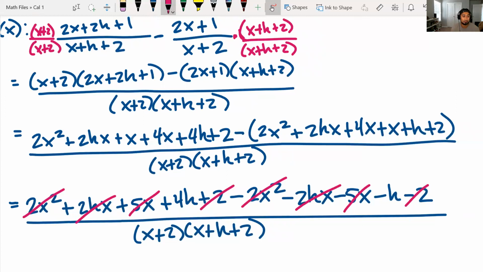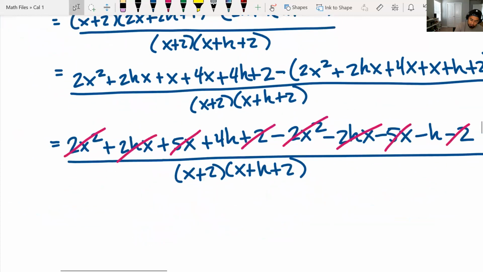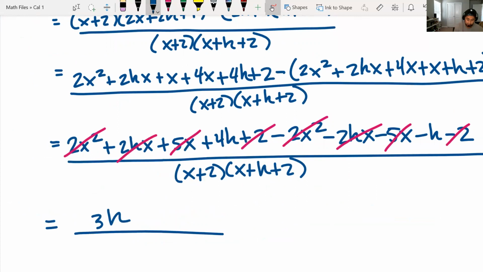Oh, wow. Just make sure I didn't miss any terms, right? No, so we're left with 3h. Hey, that cleaned up nicely. So we're left with 3h over x plus 2 times x plus h plus 2. And that is the end of step B.